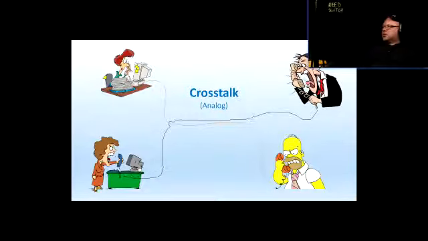And somewhere along the line, the cables that are connecting these two pairs of people are going to run in proximity with each other over a certain length. So by the same principle or the same phenomenon of induction, one line can pick up the conversation of the other line.